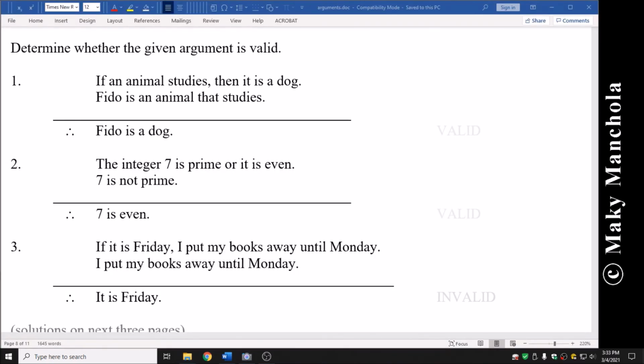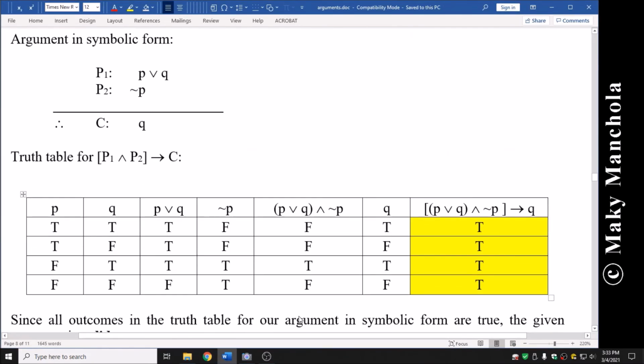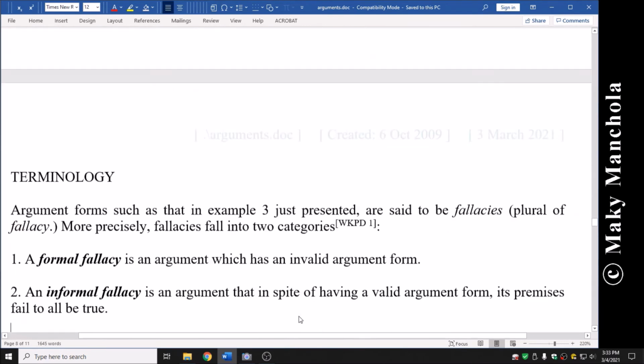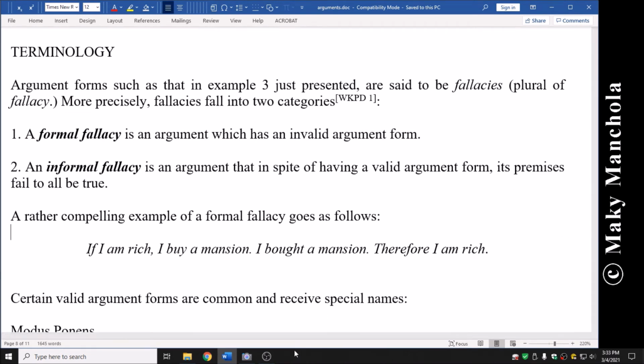Now let's study some terminology. Invalid argument forms, such as in example 3, are said to be fallacies. The word fallacies is plural of fallacy. More precisely, an argument which has an invalid argument form is called a formal fallacy.